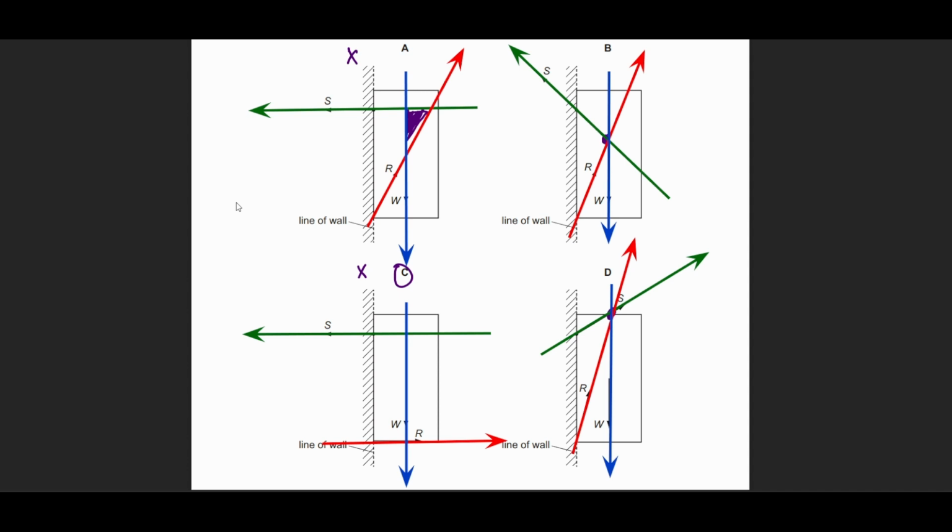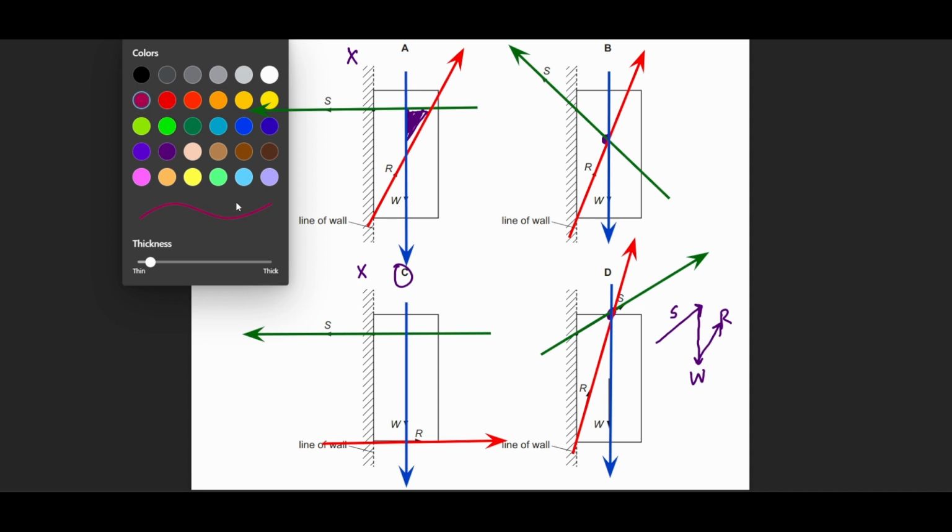If you encounter this problem, then you have to go back to the very basics, which is the head to tail method. So in this question, you have to apply that, and let's see what happens. If I apply this green vector and I draw it like this, and then I apply this W vector, which is the blue one, and I draw it like this, and then I put in this red vector, which is in the direction of R, we realize that it goes somewhere in this direction.